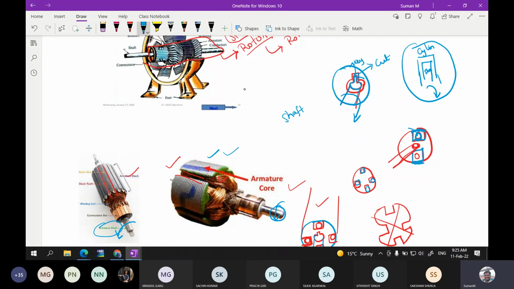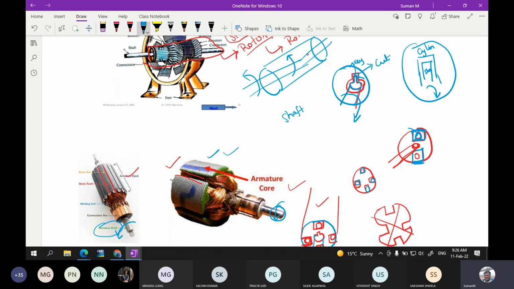Okay, shaft is the part which is straightened like this. Above that you are having the rotor. Inside this rotor you are having the shaft. Okay, so whenever the shaft is rotating, your rotor will also be rotating. So that is the basic thing.